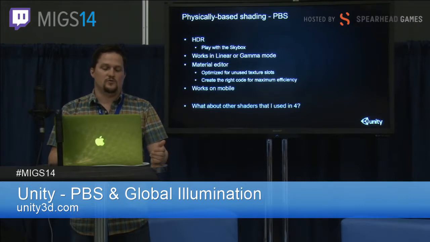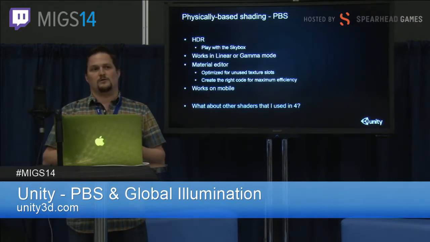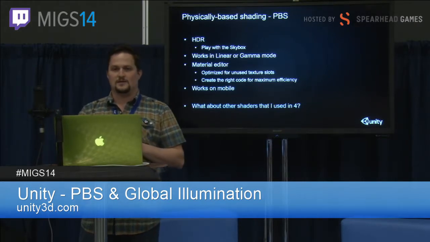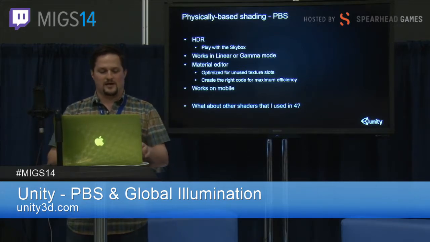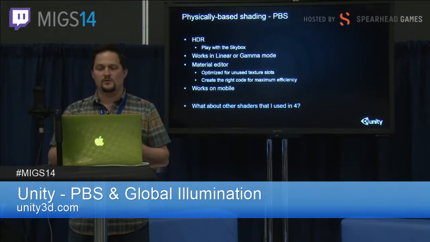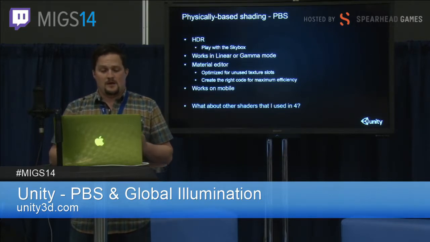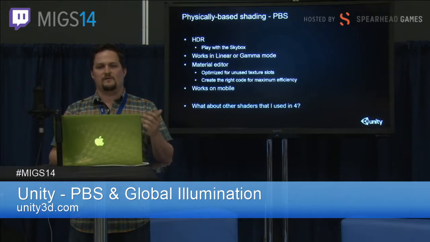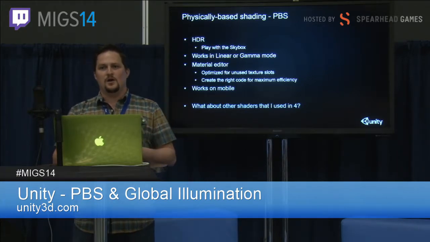I think that the most interesting part is our new material editor. The cool thing with our material editor is that it's optimized for unused texture slots, and it will create the right code for maximum efficiency. What I mean by that is, in the material editor you have diffuse, you have specular maps, you have normal maps, you have height maps, you have occlusion.